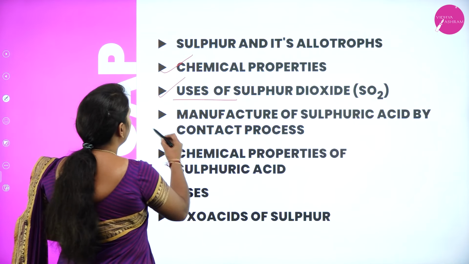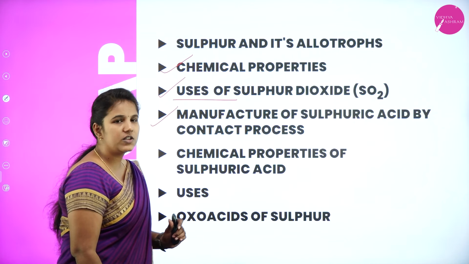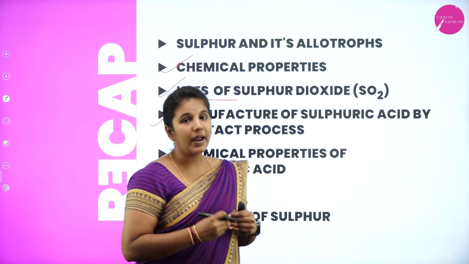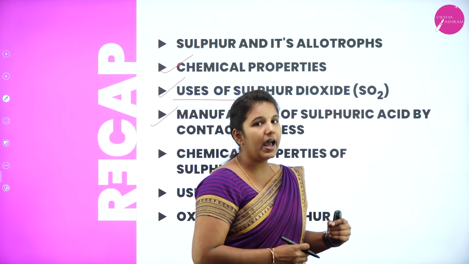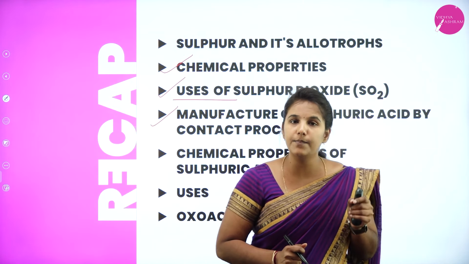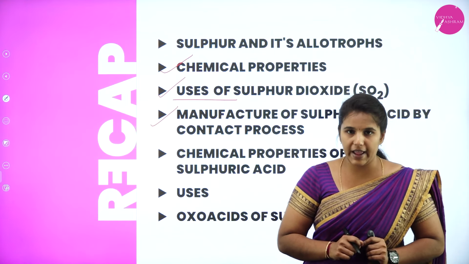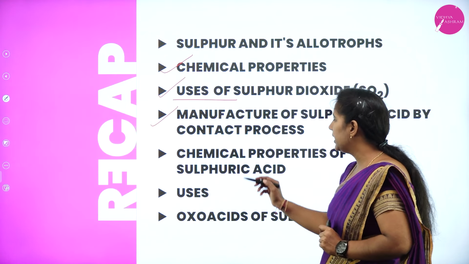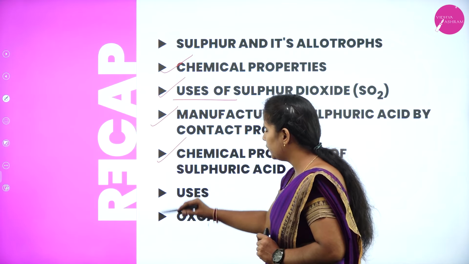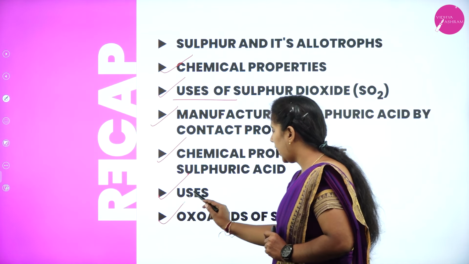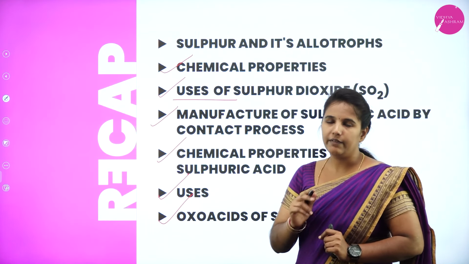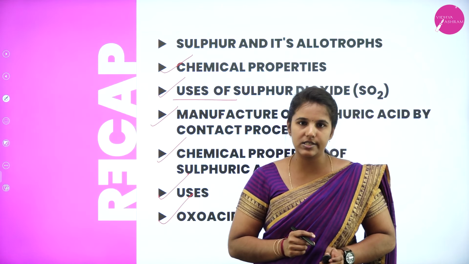And also we have talked about the manufacturing of sulfuric acid by contact process, and already I have explained that it is one of the important questions for your board exam. And the chemical properties of sulfuric acid, the uses and the oxo acids of sulfur, we have discussed in our last discussion.